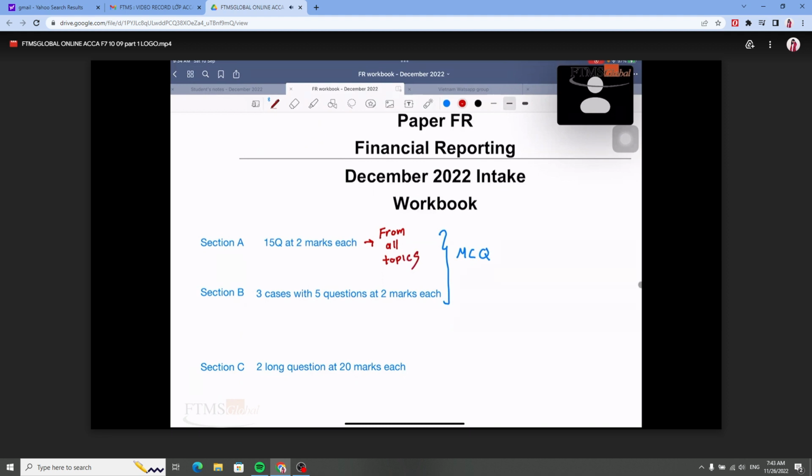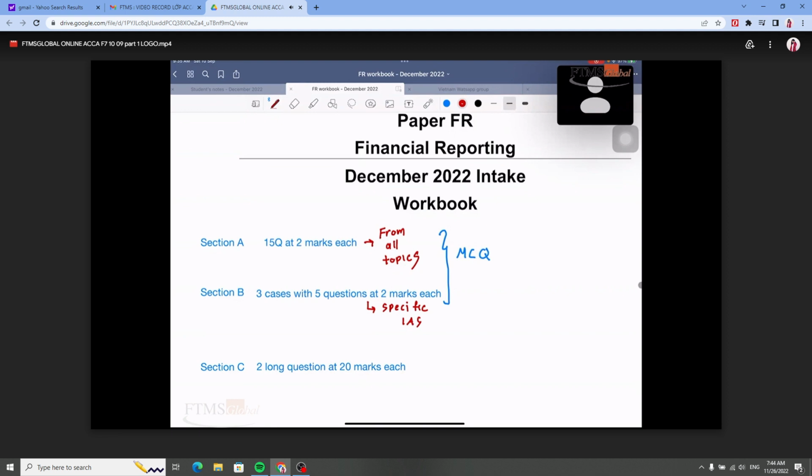Then section B is what I call the story-based question. It means they will test you on specific IAS. In other words, it's a story-based question. I call it story-based, but they call it specific IAS.